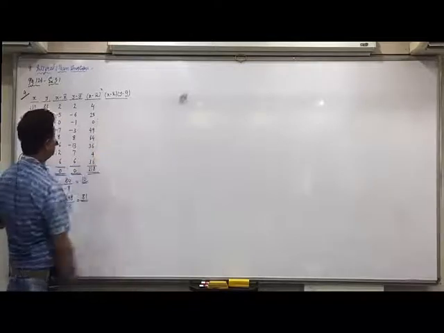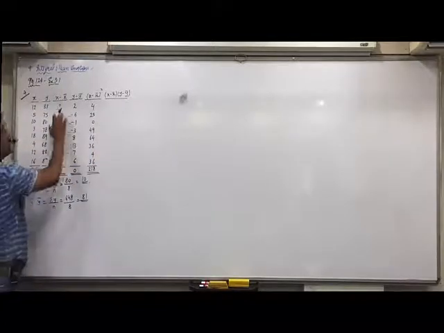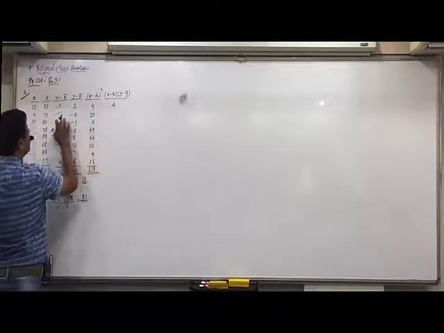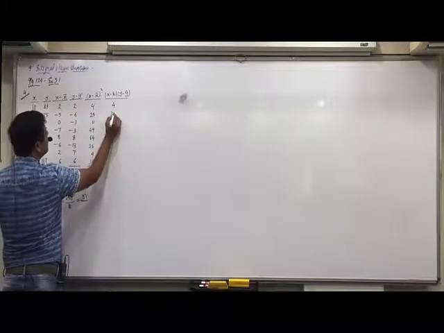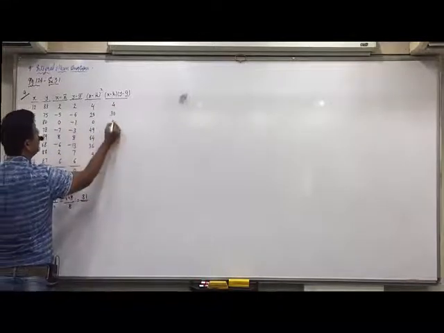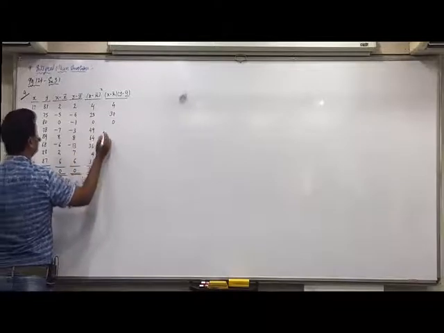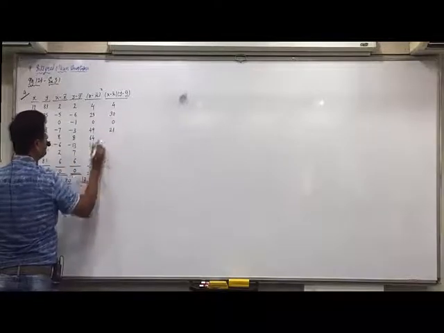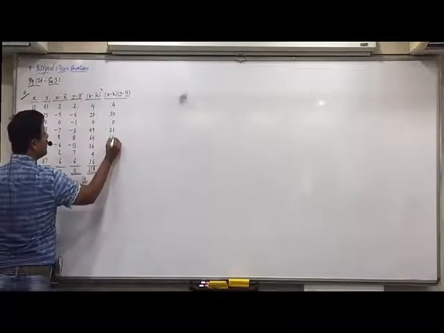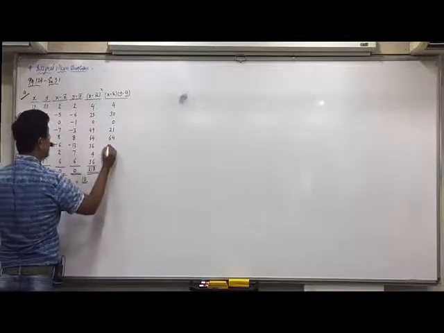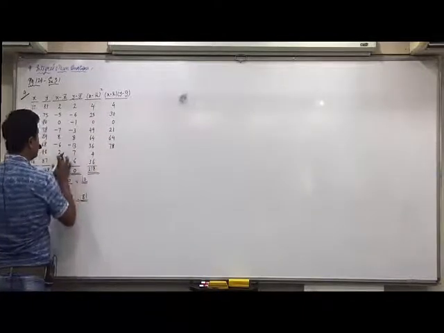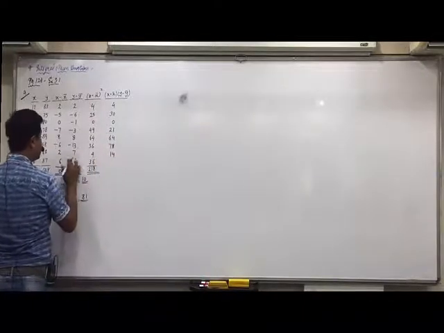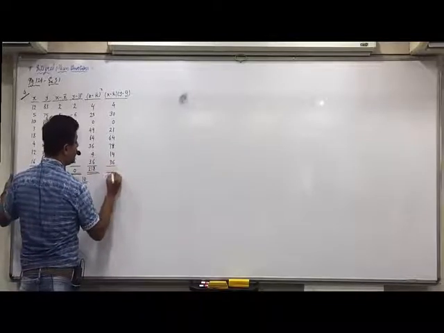Yes, now x minus x bar into y minus y bar. So 2 into 2, 4, minus 5 into minus 6 plus 30, 0 into minus 1, 0, minus 7 into minus 3 plus 21, 8 into 8, 64, minus 6 into minus 13 plus 78, 2 into 7, 14, and 6 into 6, 36.